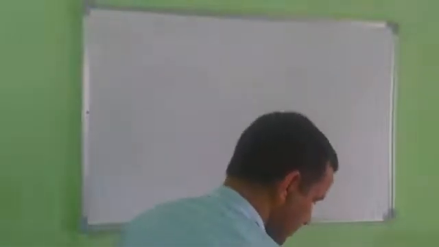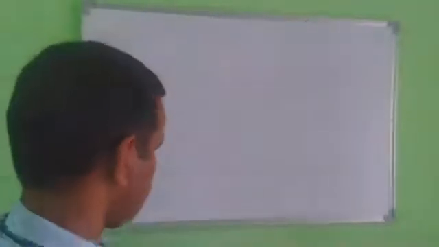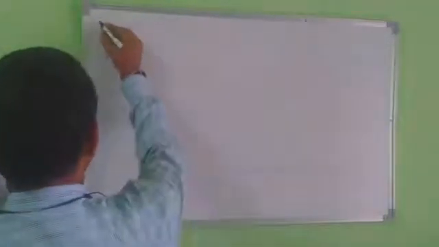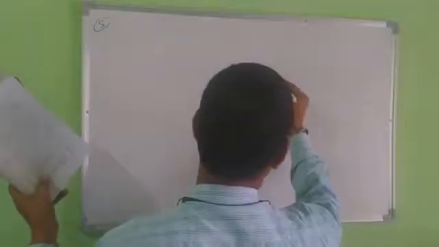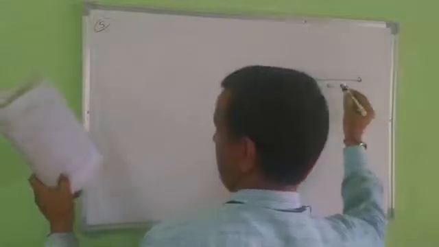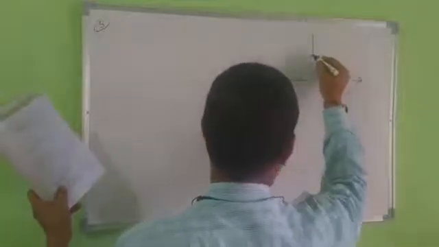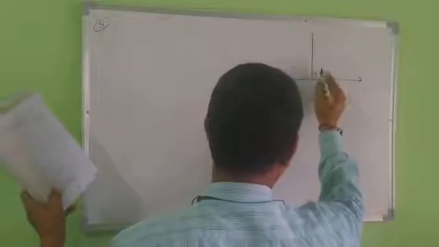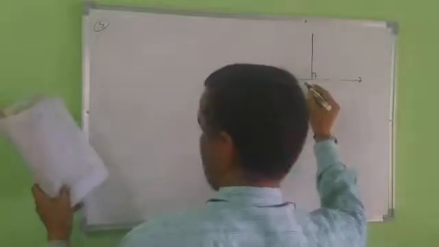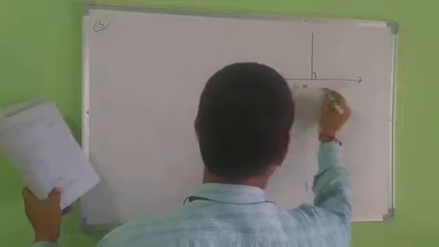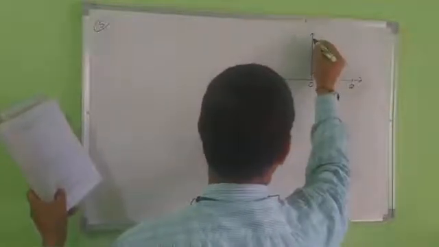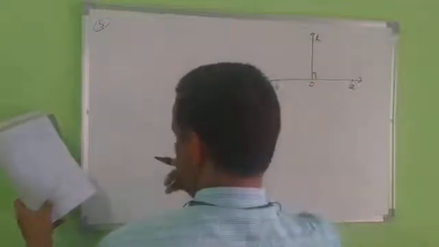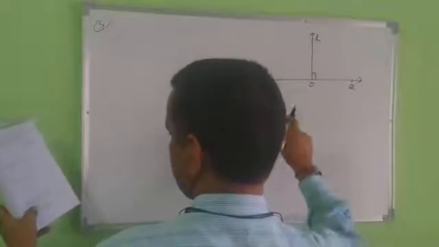Now look here. Question number 5. Name these points P and Q, and name this point O. Name this point R. POQ is a line.